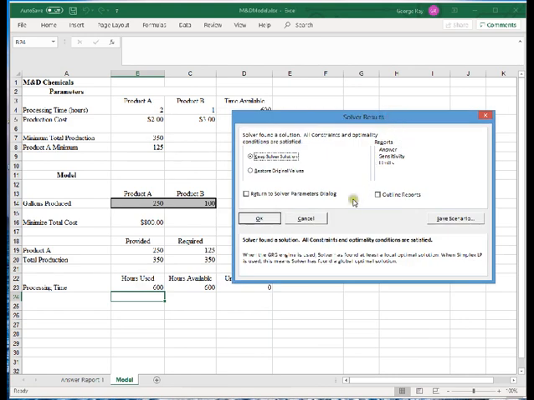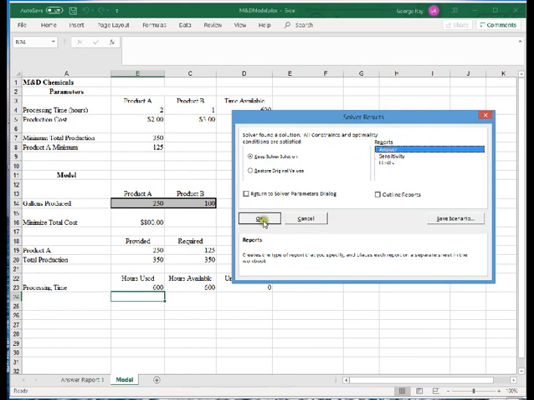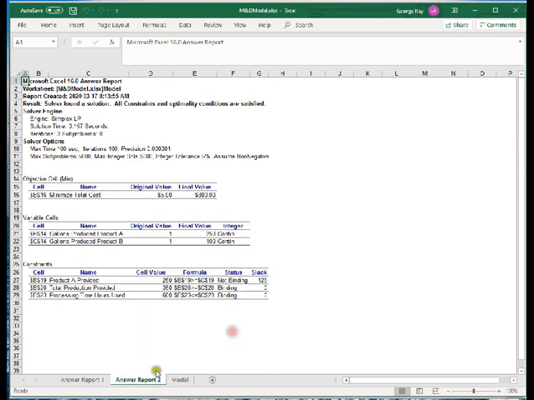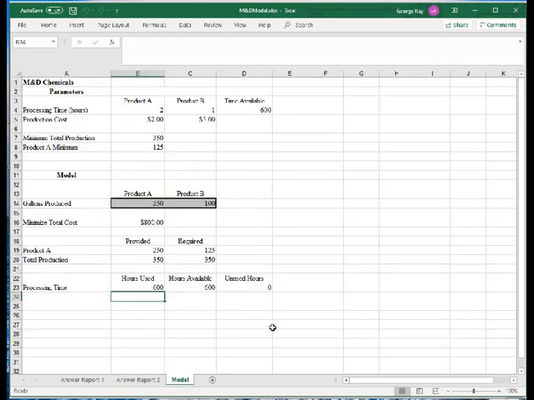Solver does find a solution, and I'm also going to get a report with this. The solution is that we produce 250 gallons of product A and 100 gallons of product B. That satisfies our two provided requirements, and it also satisfies the hours used constraint.